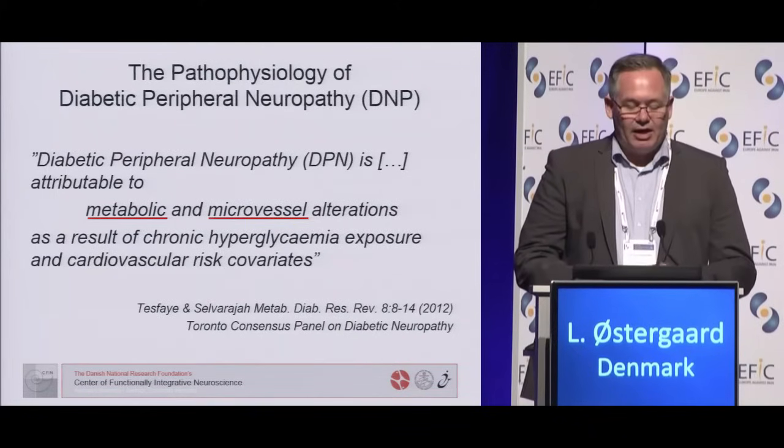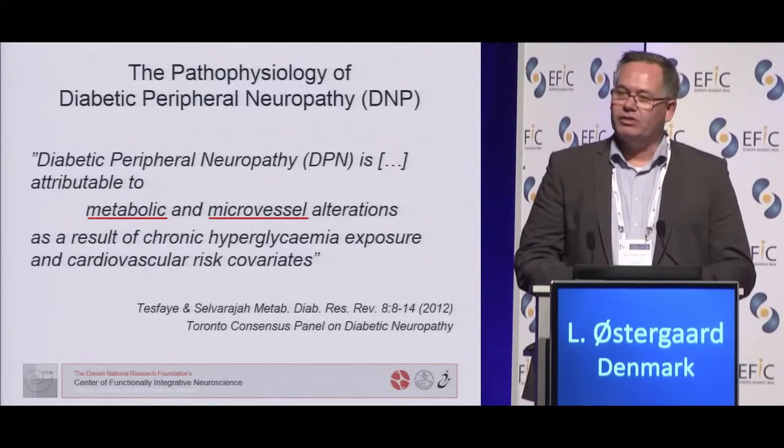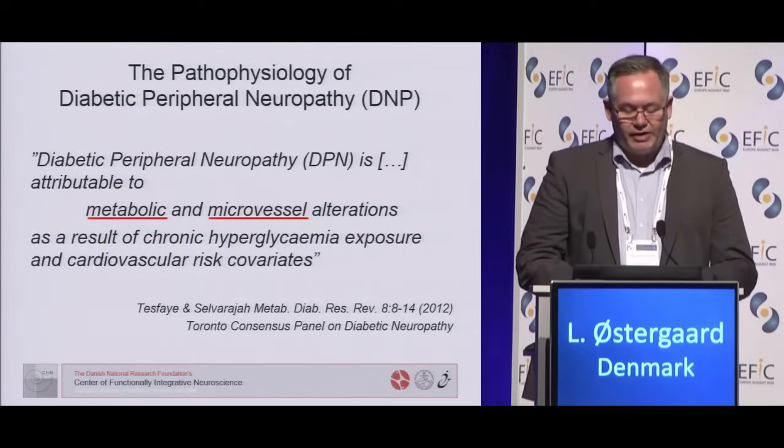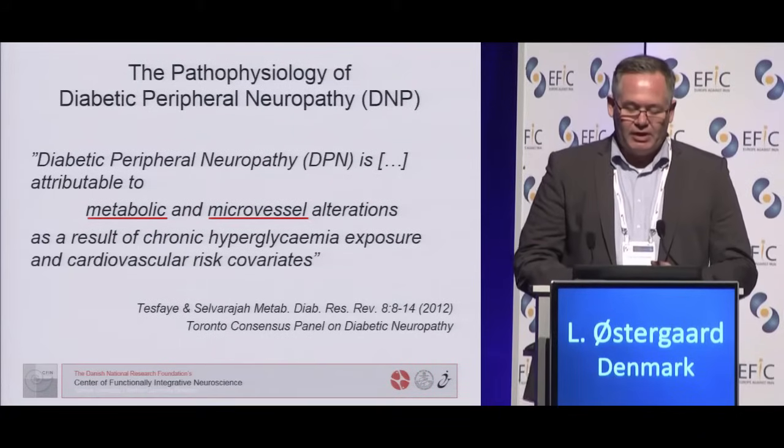One being a metabolic origin, namely due to the many episodes of elevated blood glucose, and another is a macrovessel or microvessel alteration, so a vascular hypothesis.